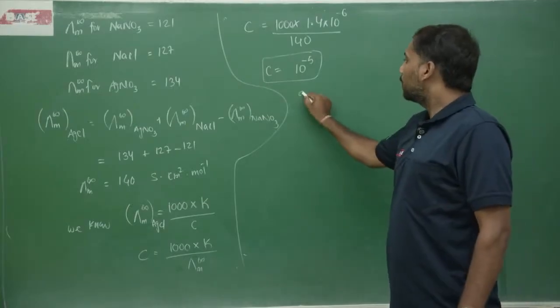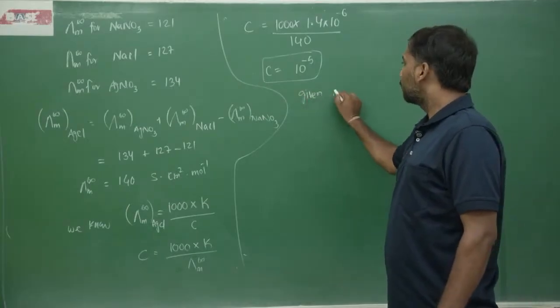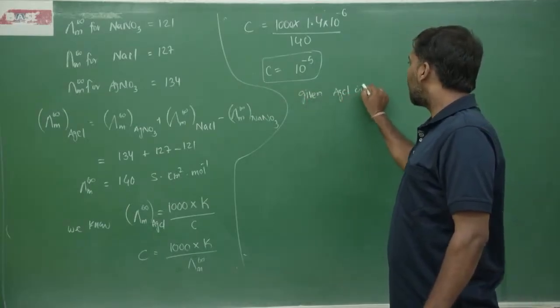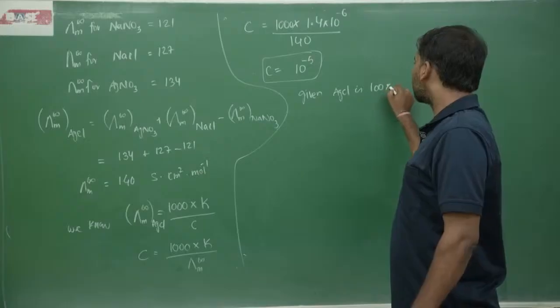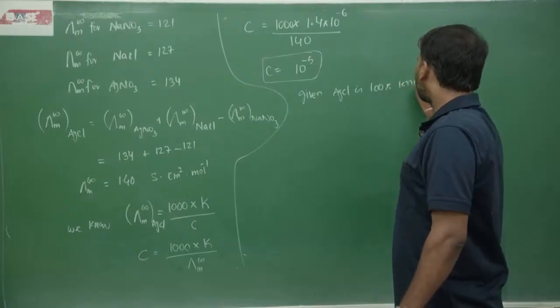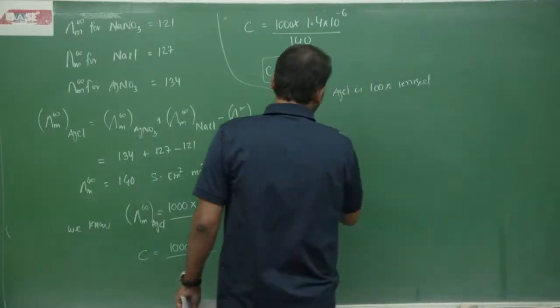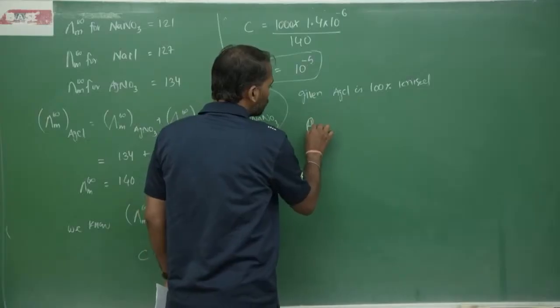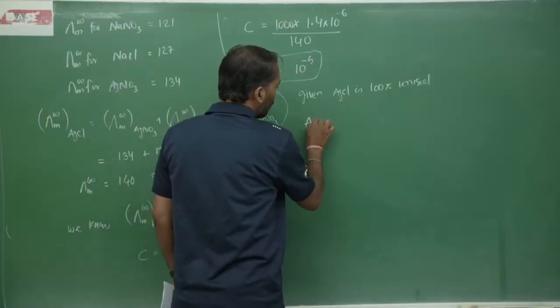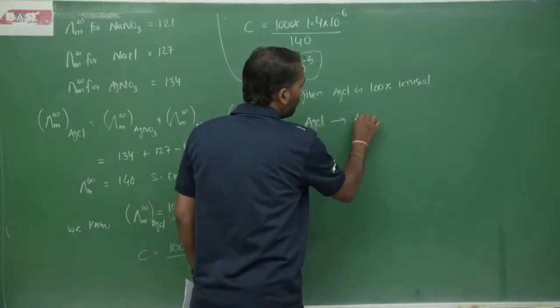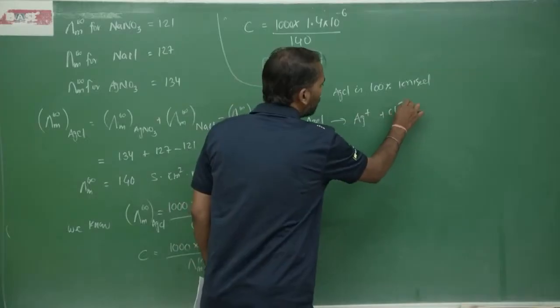Now, given that AgCl is 100% ionized. Meaning what? If AgCl is dissociating, it will give Ag plus and Cl minus, 100%.